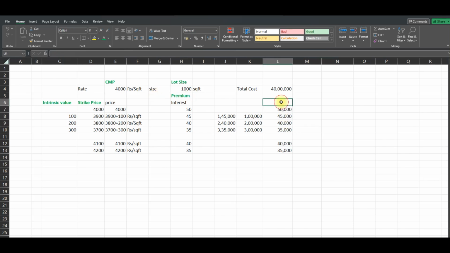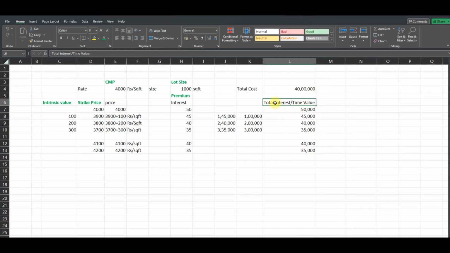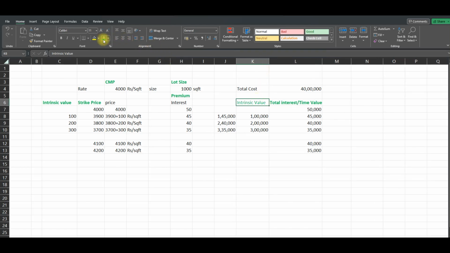This is the total interest, or the time value. This is the intrinsic value. This is the total amount that we are paying to the seller.